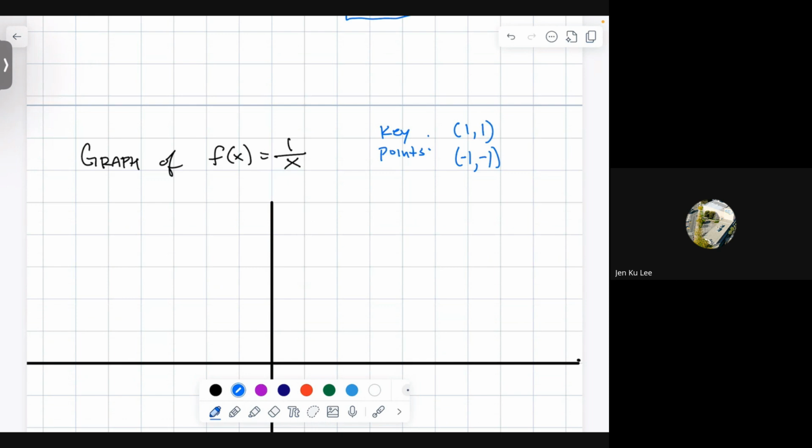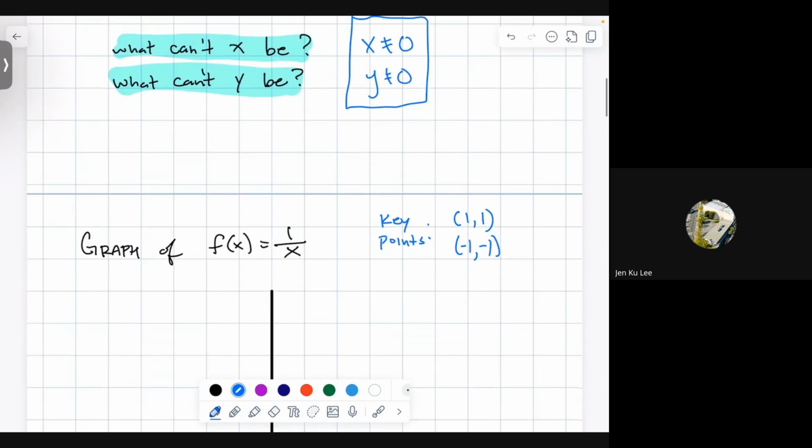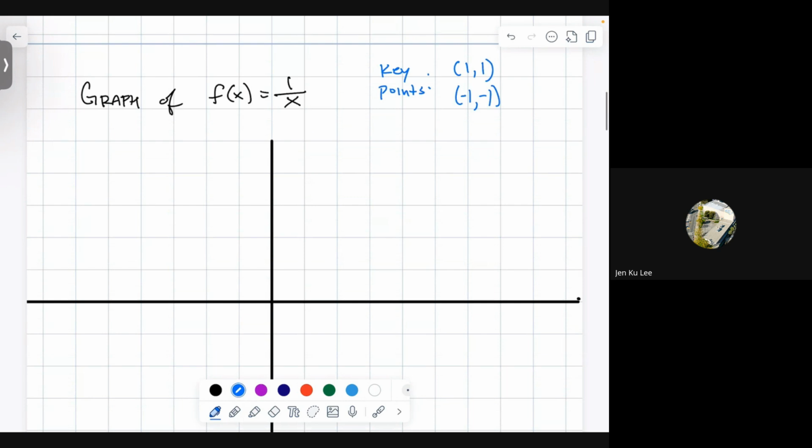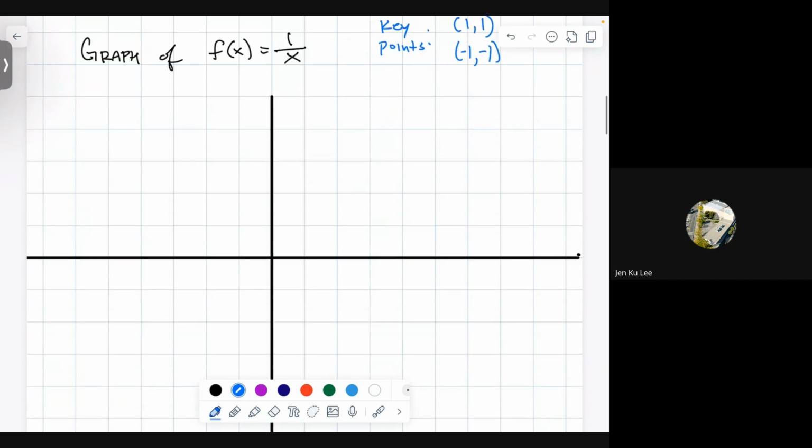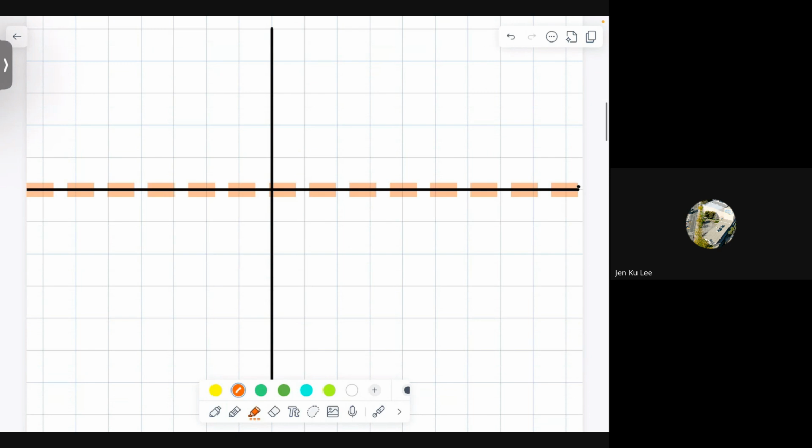Okay? So I got my asymptotes at y equals 0 and x equals 0, which I'll do with this highlighter so everybody can see it. So y equals 0, that is the horizontal line right here. And then x equals 0 is the vertical line right there.